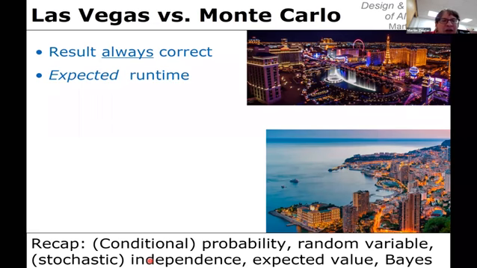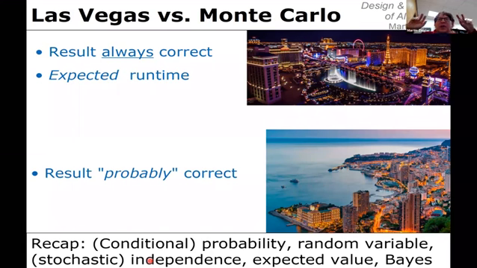The other, the Monte Carlo algorithm, is kind of the opposite type in this trade-off between reliability and runtime. Here, the result may be incorrect. Whatever such a Monte Carlo algorithm gives as a result is only probably correct, and of course we will have to analyze this to make it more rigorous.